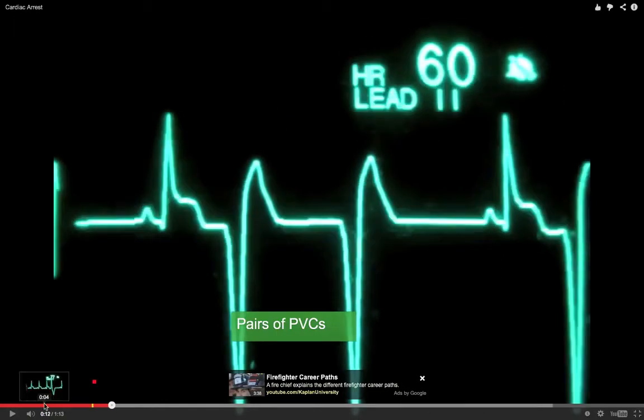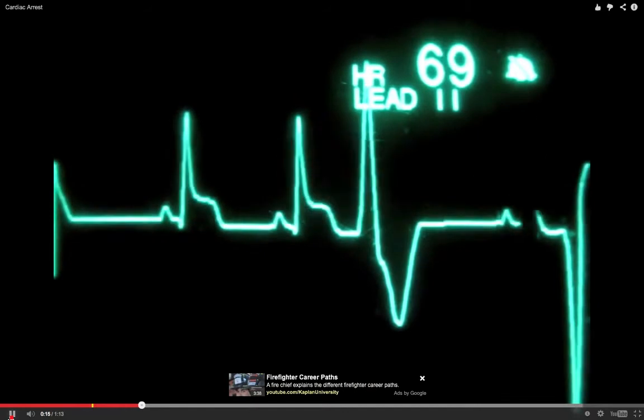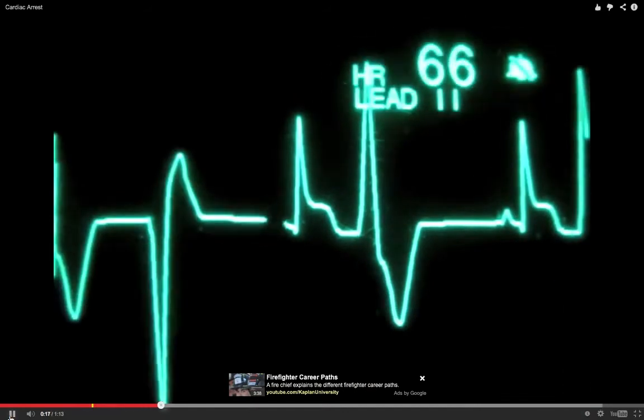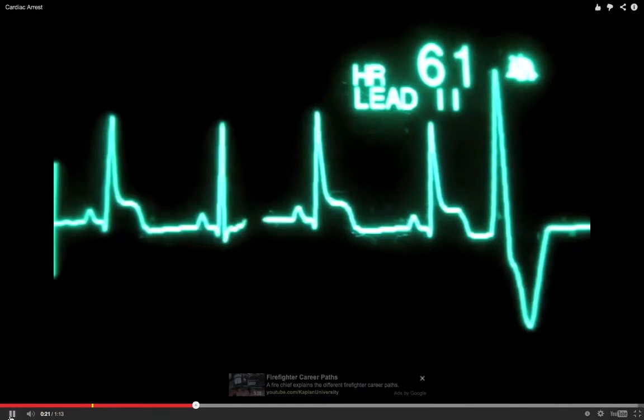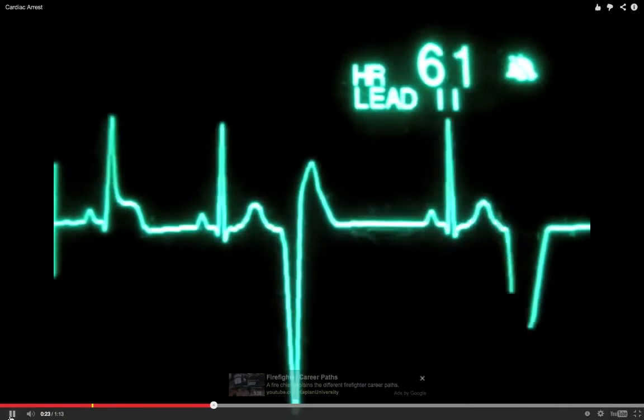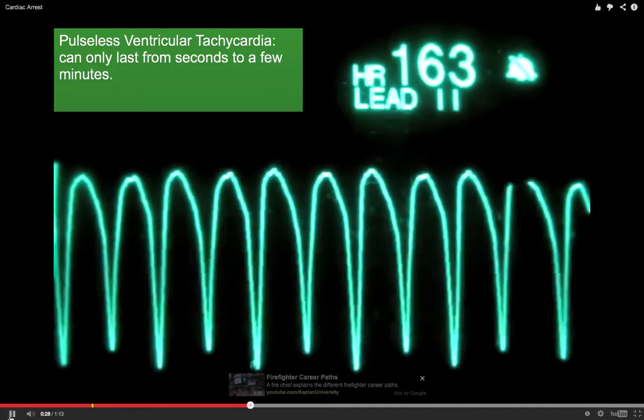We now see we get 2 in a row from the same location because they look the same. Continue with the cardiac irritability, having all these multifocal PVCs. And now we have ventricular tachycardia.